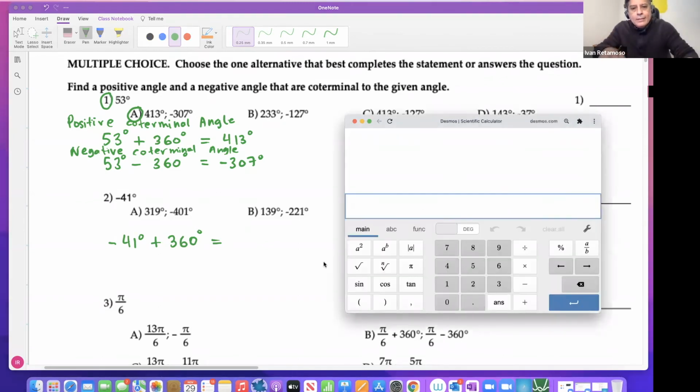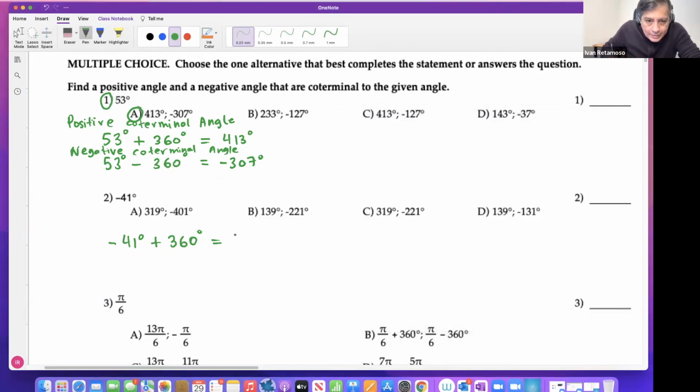Remember, 360 degrees represents a full round. So trigonometrically speaking, it's not changing the angle, right? So that's why we allow ourselves to add or subtract 360 degrees in order to get our coterminal angle. So adding 360 degrees to negative 41 degrees, 319 degrees, right? 319. So that will be this guy, 319.